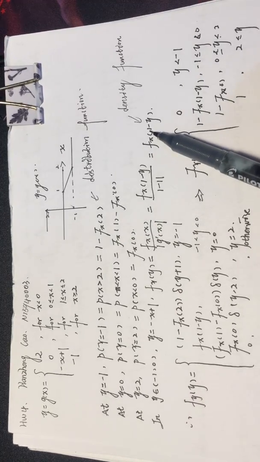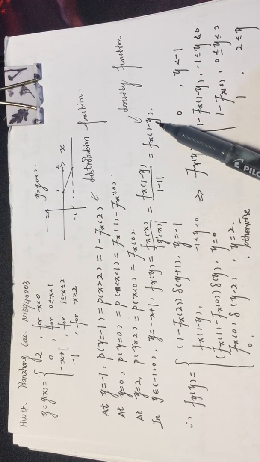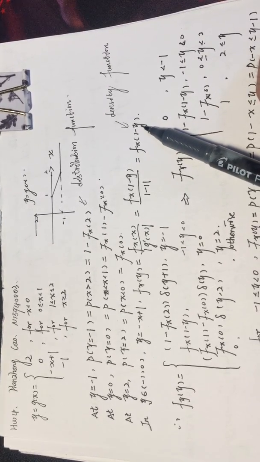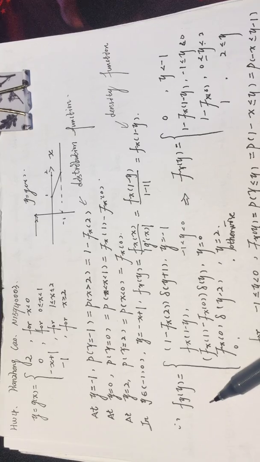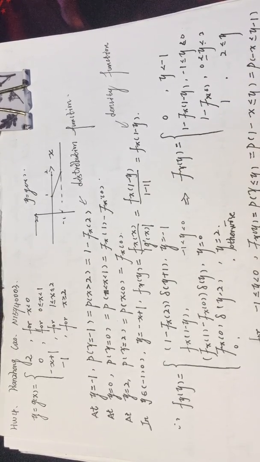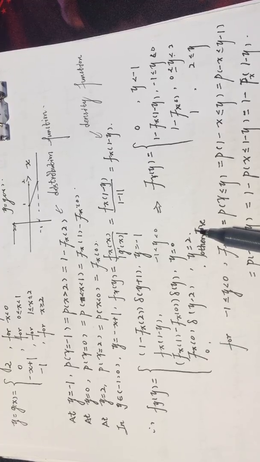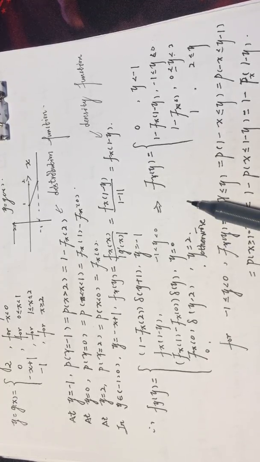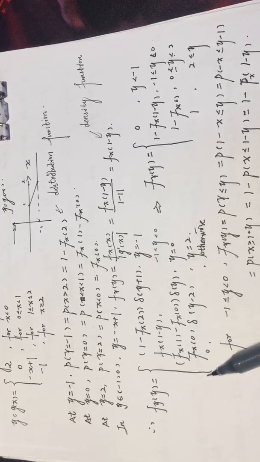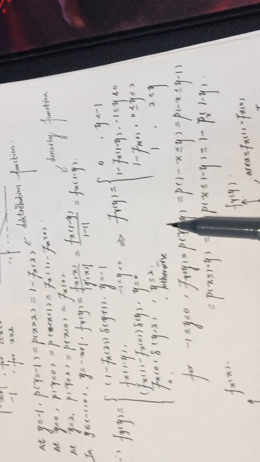So when we get the results, we can write fy, the density function of fy. We can just put the information into this equation and we can get the result. So if we want to calculate the distribution function of fy, we just make an integral of the density function fy according to y. So we can get the result.